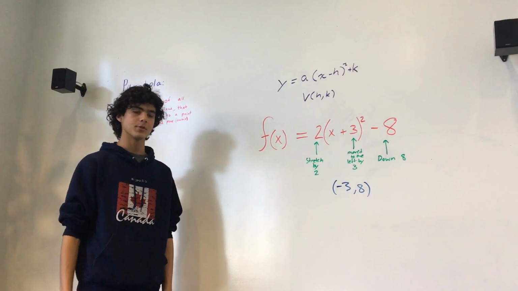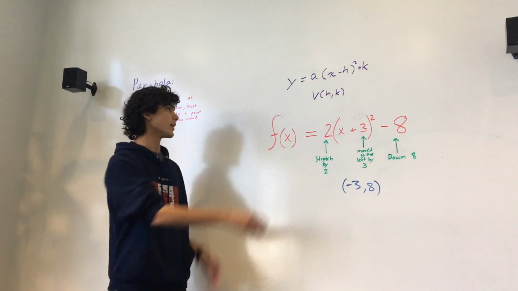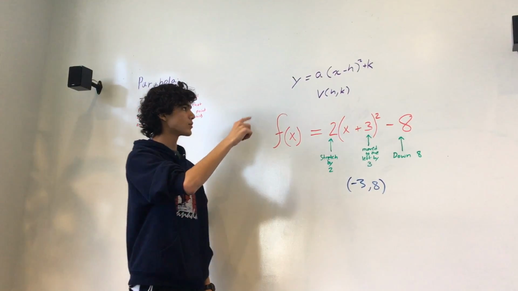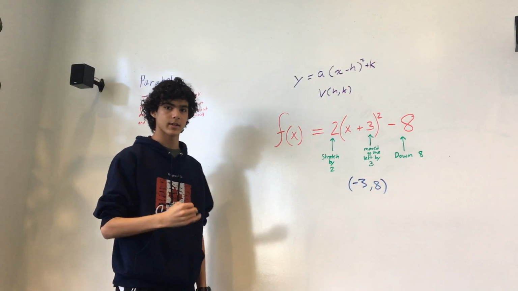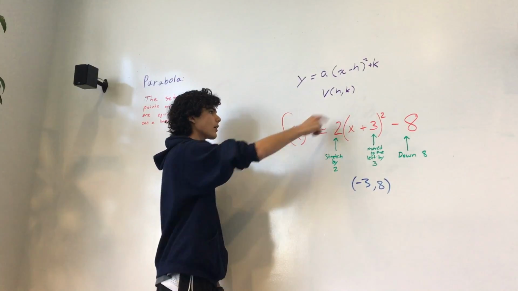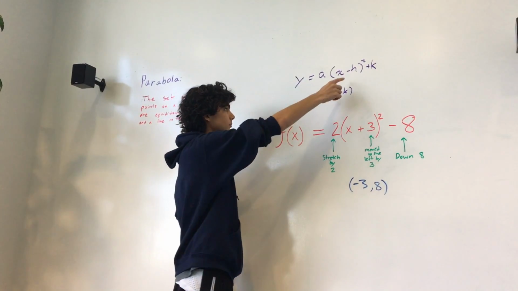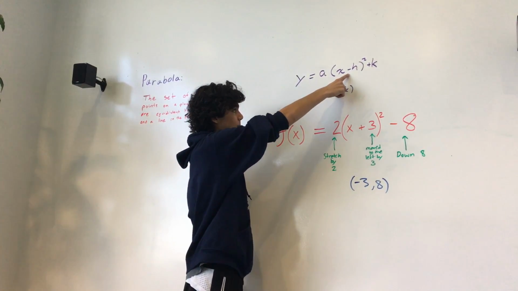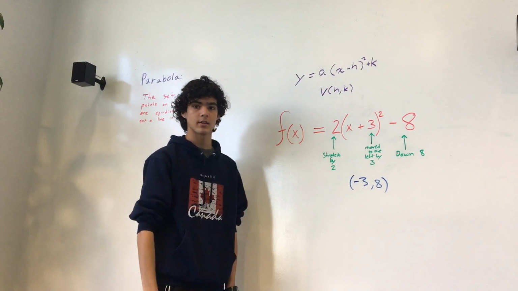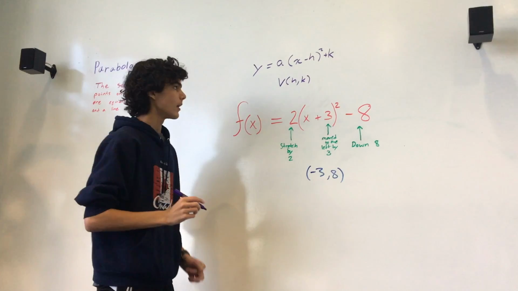Equations of parabolas will follow the form y equals a times x minus h squared plus k, where h and k are the x and y coordinates of the vertex, as shown right here. Notice how the h inside the parentheses is negative, so the sign must be flipped before finding the coordinates of the vertex.